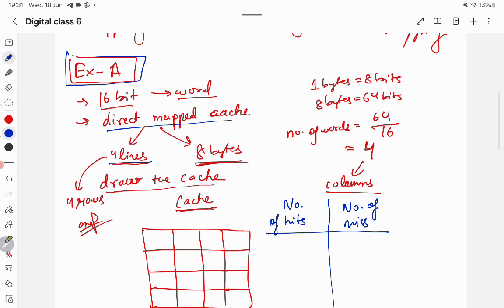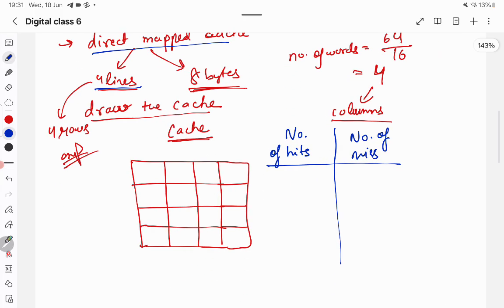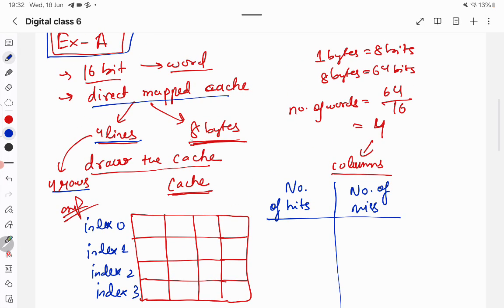It has 4 lines, that means you will draw 4 rows: index 0, index 1, index 2, this row is index 2 and this row is index 3. And then, what is the total number of bytes given? 8 bytes.